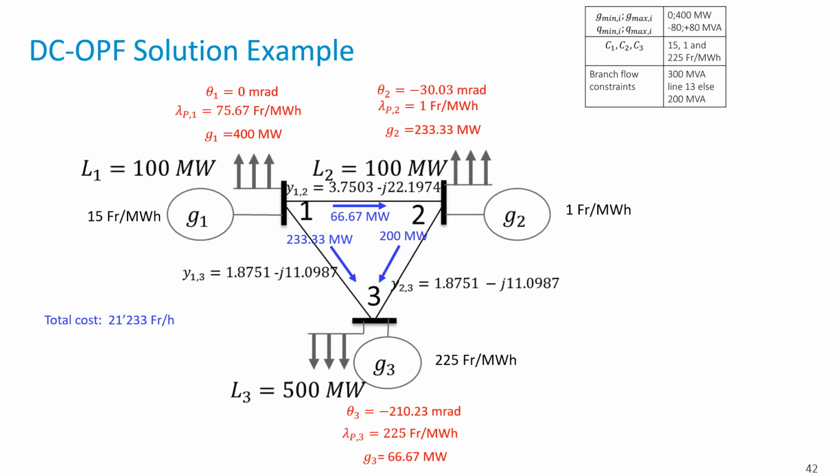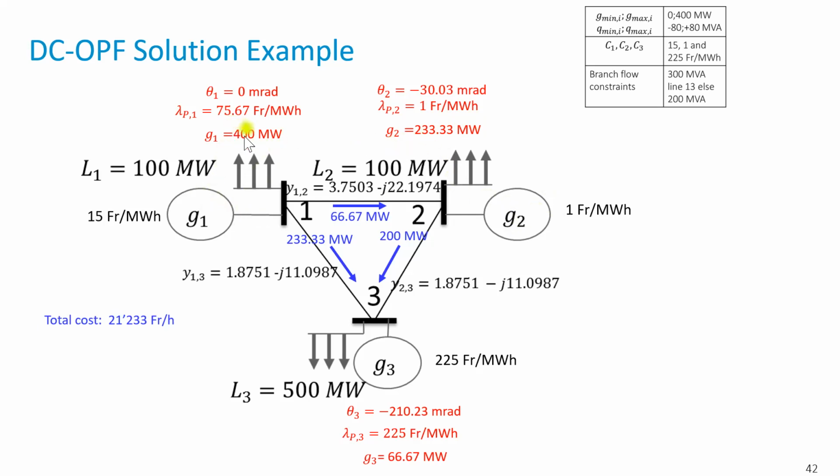Right? So we find that the marginal costs are sometimes difficult to interpret. Here it's easy to interpret because this generator is saturated. It's running 400 megawatt full. This generator is not saturated, so the marginal cost here is the local cost. That's easy to understand.